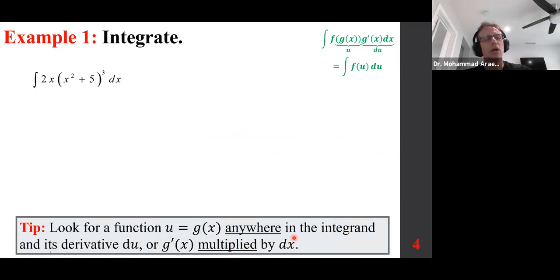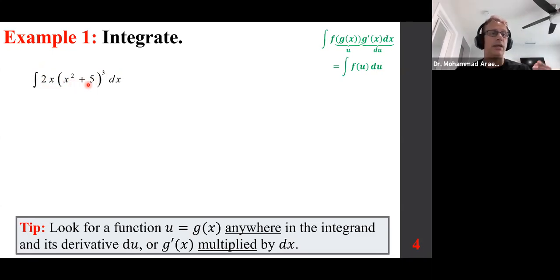Normally, the more complicated function, as I mentioned, is the choice of u. I hope you realize we have a parenthesis to the power of 3, and what's inside the parentheses is more complicated than what's outside.